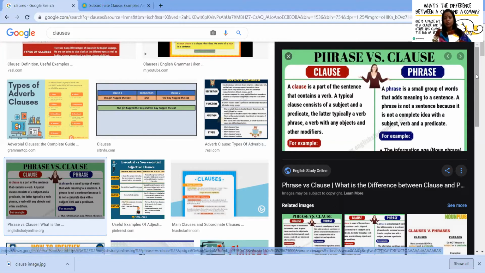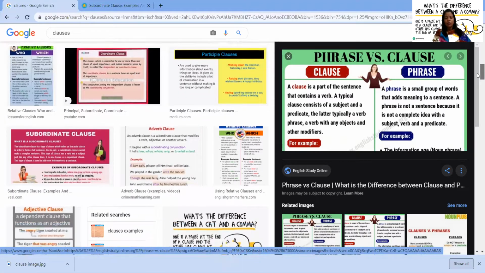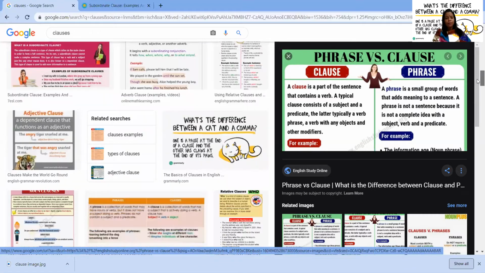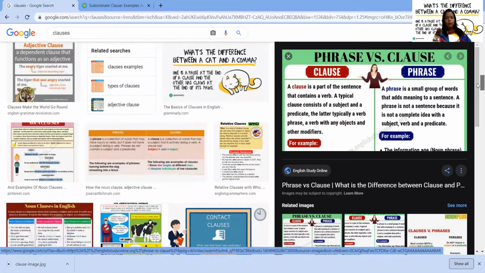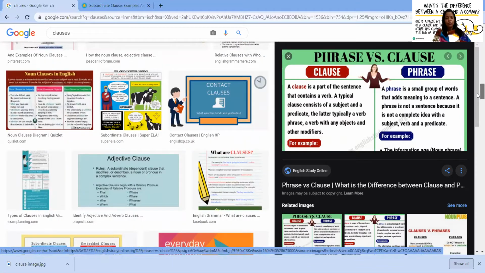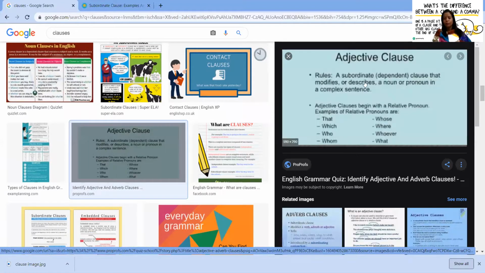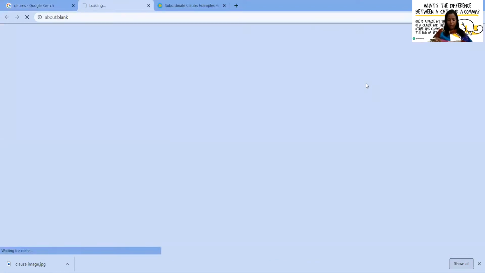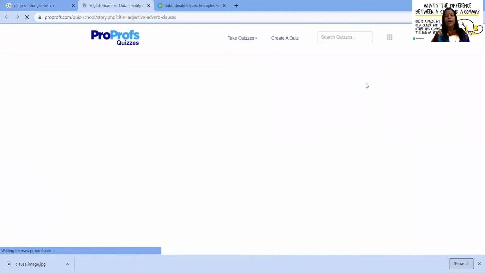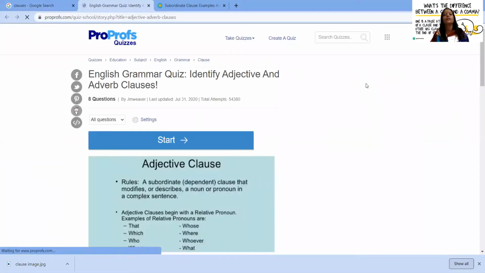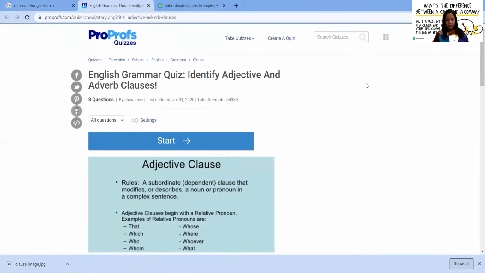Now I wanted to show you all something very interesting. Okay, so by now I think you all must have understood what is main clause and what is subordinate clause.